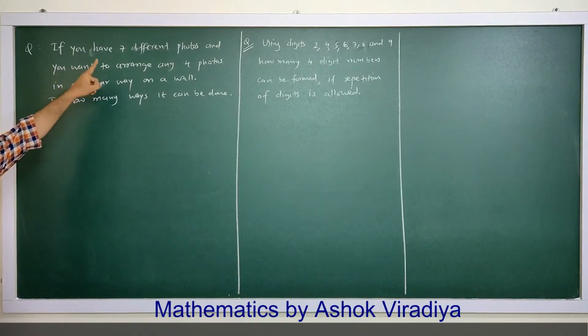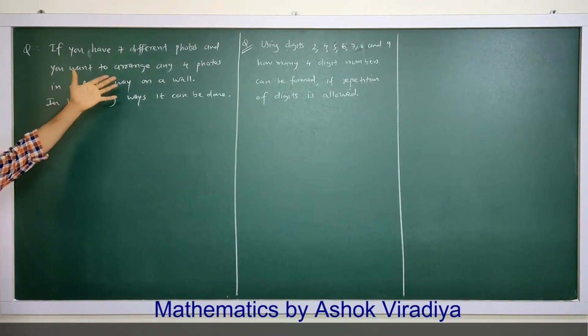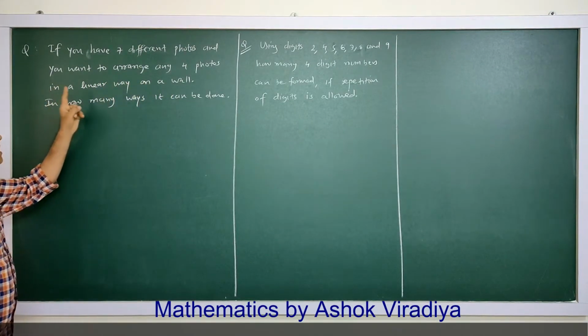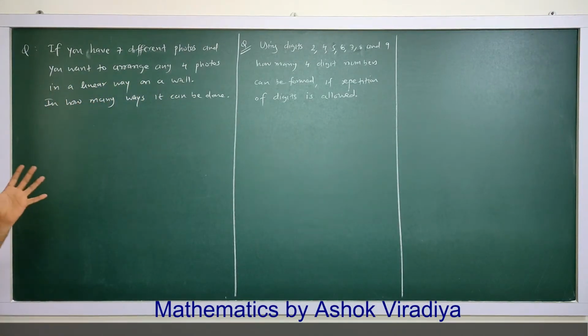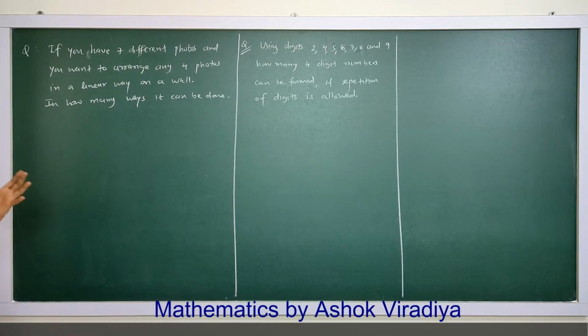If you have 7 different photos and you want to arrange any 4 photos in a linear way on a wall, in how many ways can it be done? You have 7 different photos.